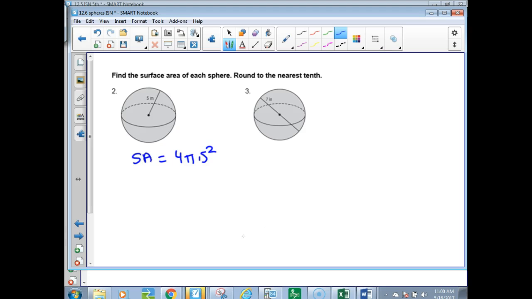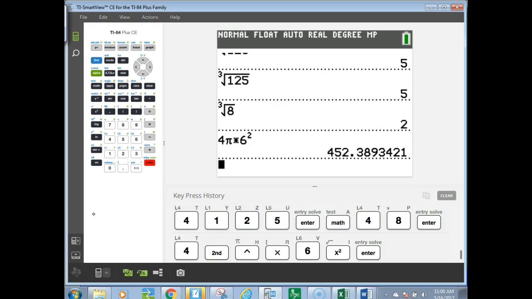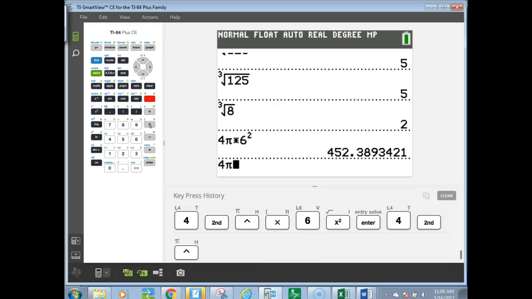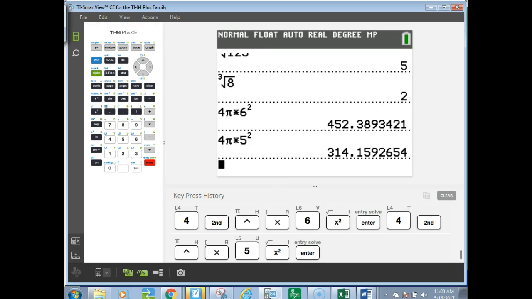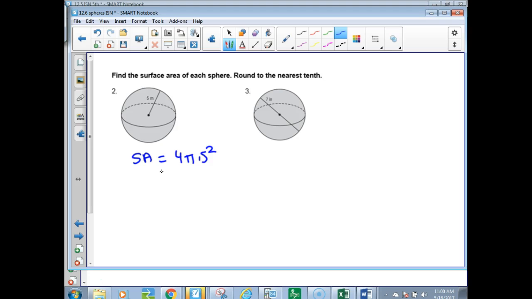Okay, that last one was in square centimeters. 4 pi times 5 squared, you can type it just like we stated it: 314.2 square meters. All right, you know what you do for this one? 4 pi times 7 squared. I'm not even going to write the answer down.